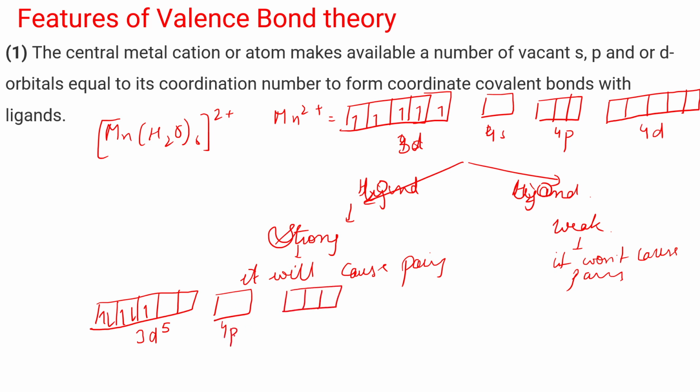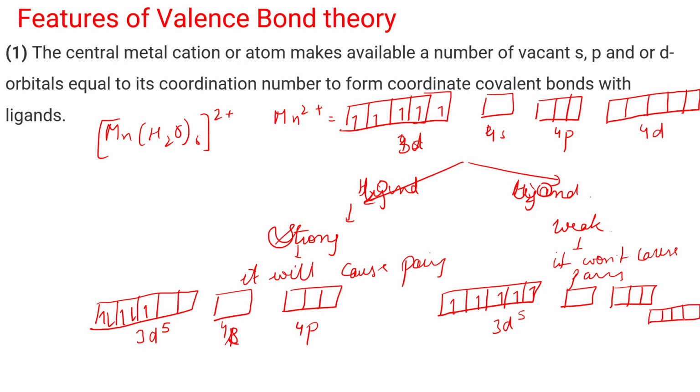In case of weak field ligands, the pairing won't occur and the 3d5 will have electrons like this, and we will have 4s, 4p and 4d.